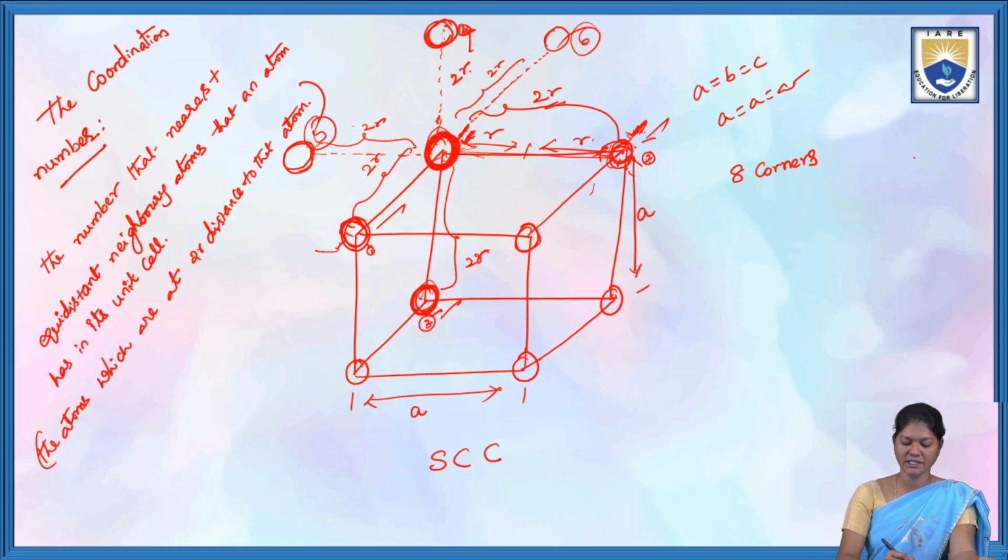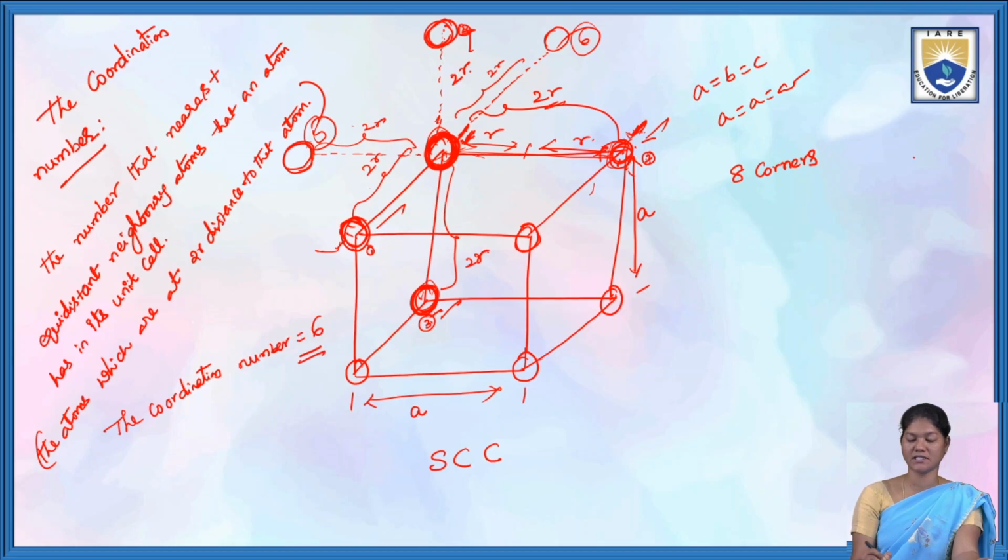So the coordination number is 6 in the unit cell.